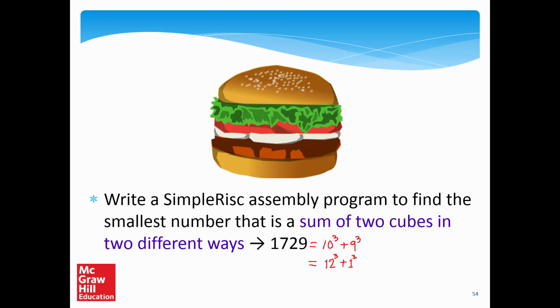So the question is, can you write an assembly program to actually compute the Ramanujan number? Well, the answer is very simple. First, write the program in C. After writing the program in C, gradually convert it to assembly. So the approach would be that we take all the numbers starting from, let's say, 2 till infinity.